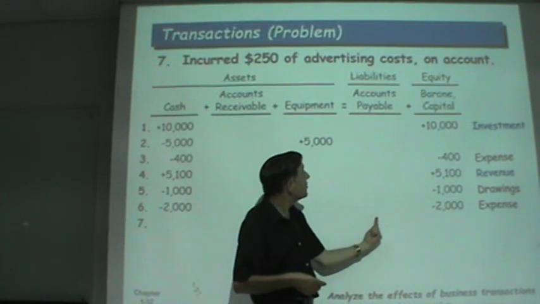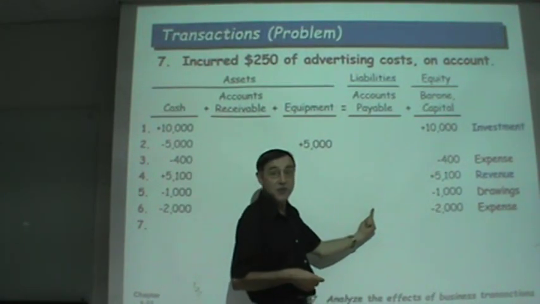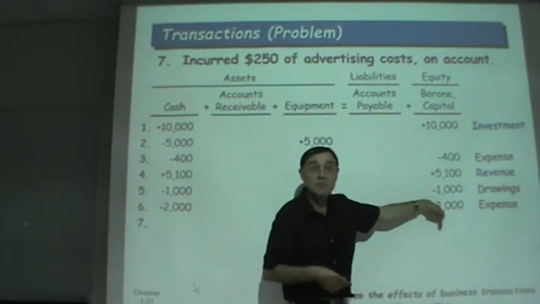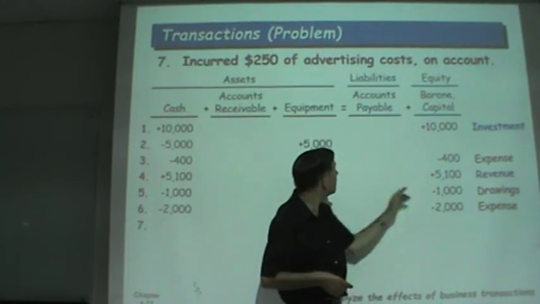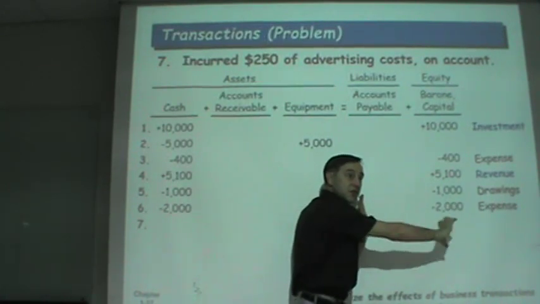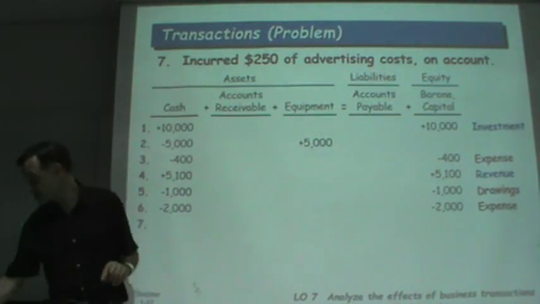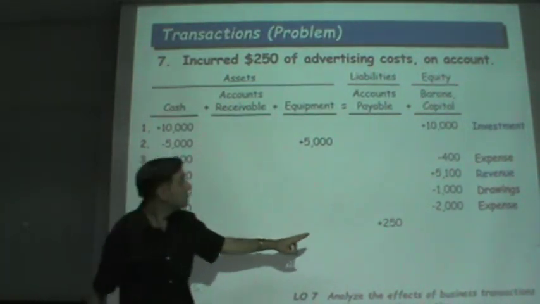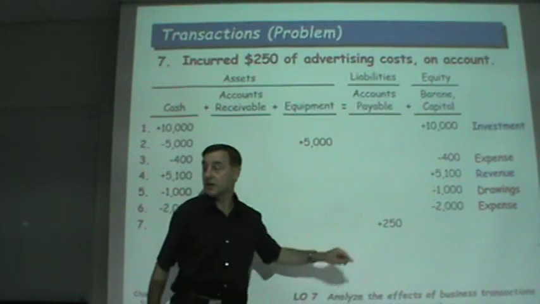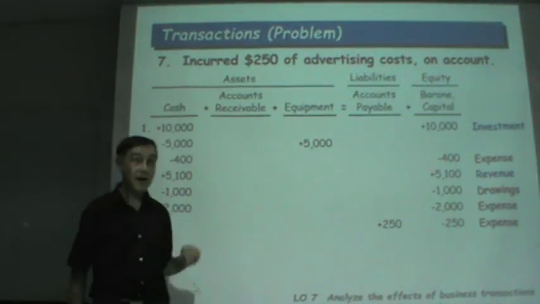So this one plus 250, and this one minus 250. Plus 250 minus 250 is 0. Expense.